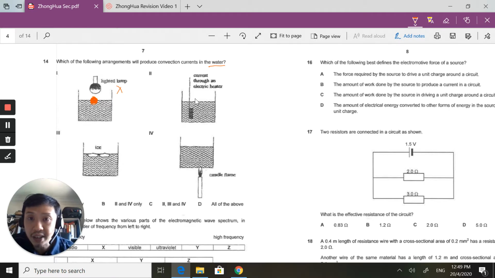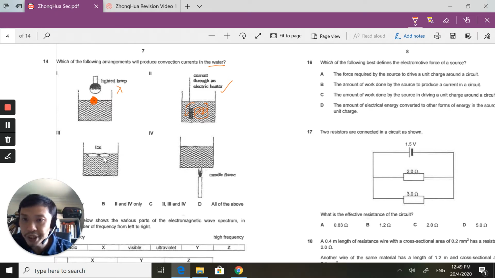Electric heater, current through an electric heater. When this gets heated up, the water over here gets heated up and therefore it will rise and cold water will sink. So yes, this seems to create some sort of convection current.